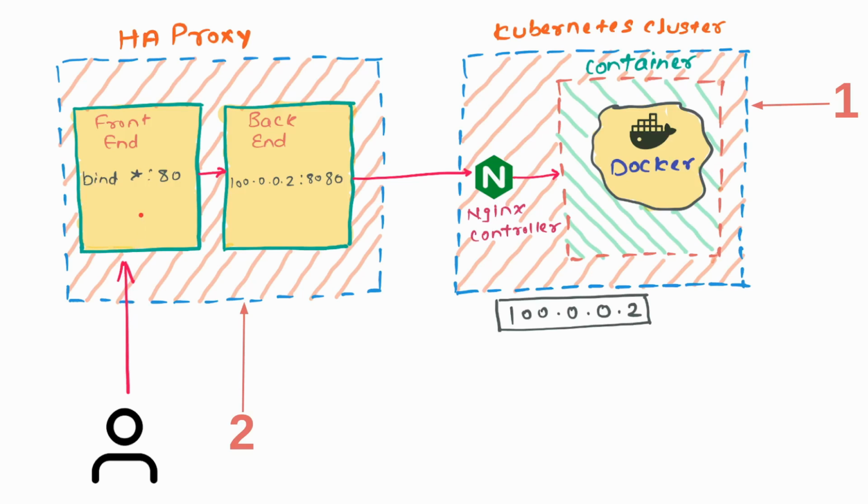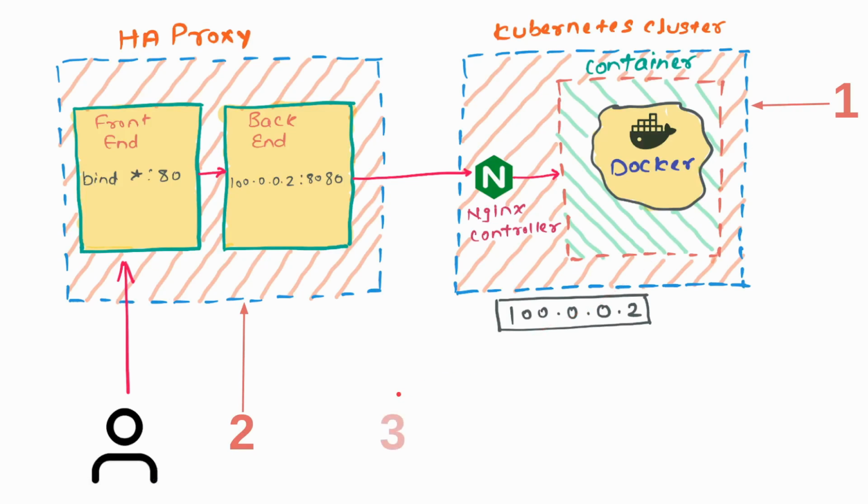The user can only access HAProxy, and HAProxy will load balance to the backend, where we mention the IP address. For example, here the IP address is 100.0.2. So this is the backend which is configured with the host IP and the port number. We need to set up this HAProxy, and that will be done outside of our Kubernetes cluster. That is step number 2.